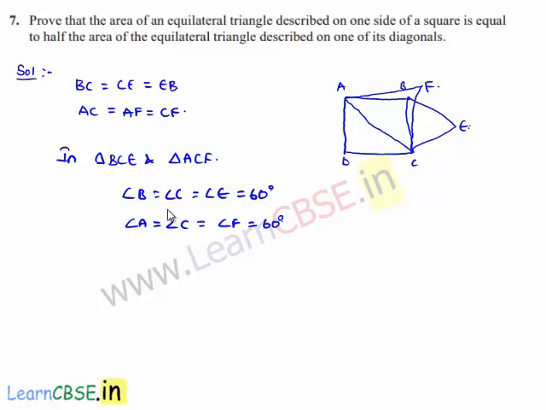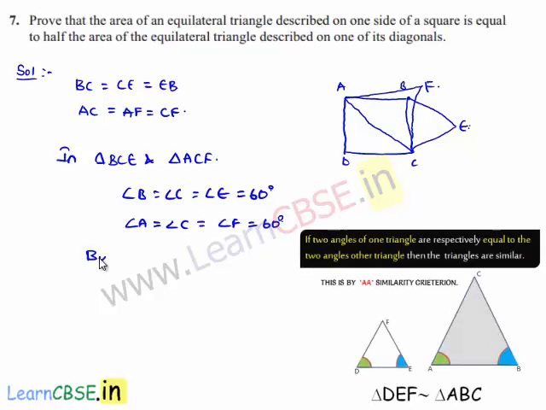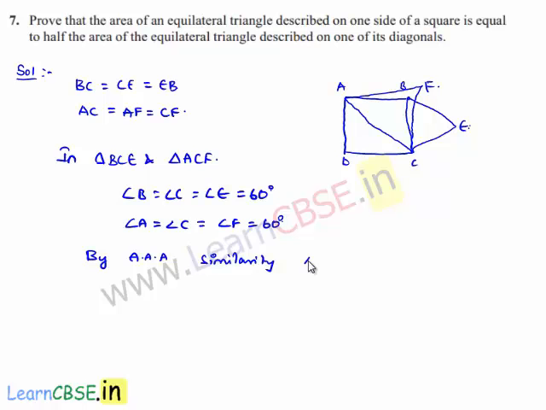So as the corresponding angles, that are all the three angles of two triangles, are equal, by AAA similarity we can say triangle BCE is similar to triangle ACF.